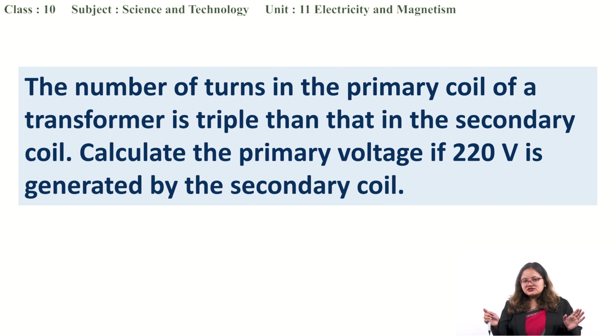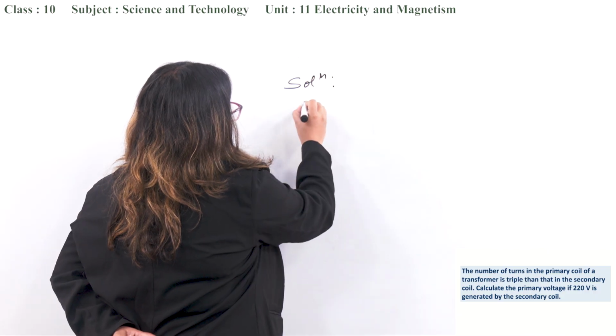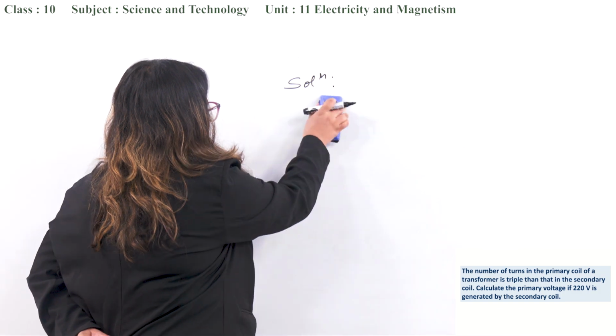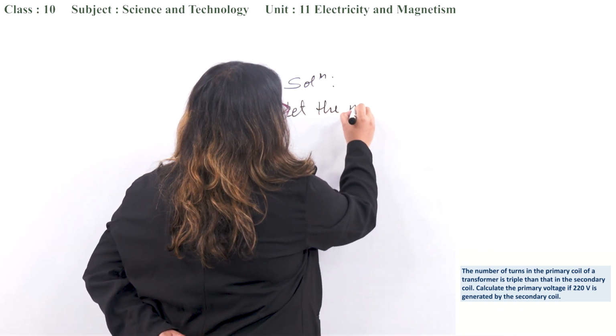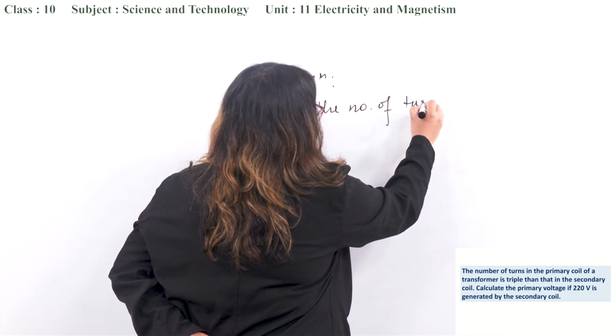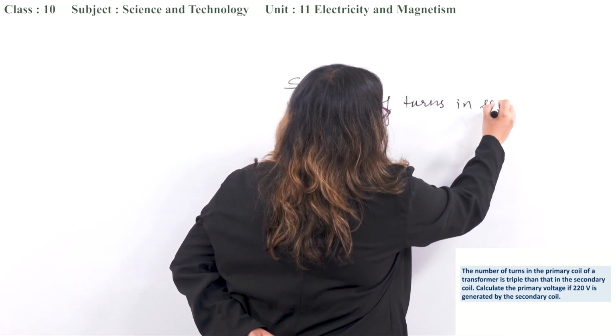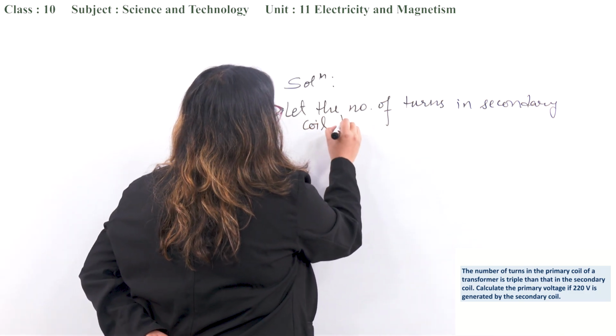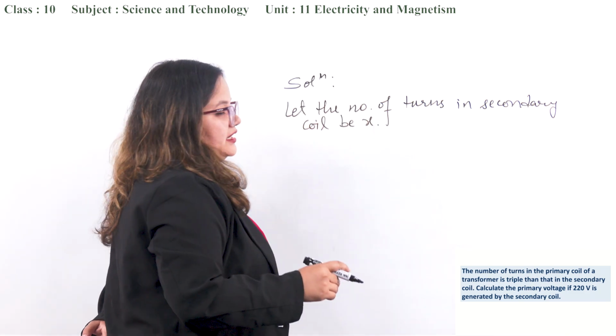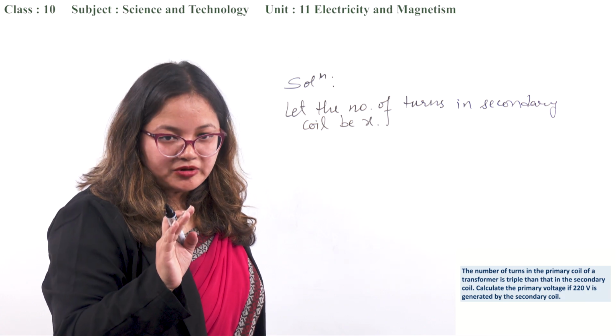We are taking the reference of the secondary coil. So we can suppose the number of turns in secondary coil as X. Okay, let's start with the supposition. Let the number of turns in secondary coil be X. Now we are going to list the given.